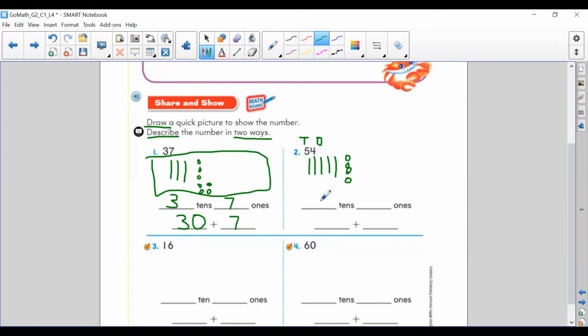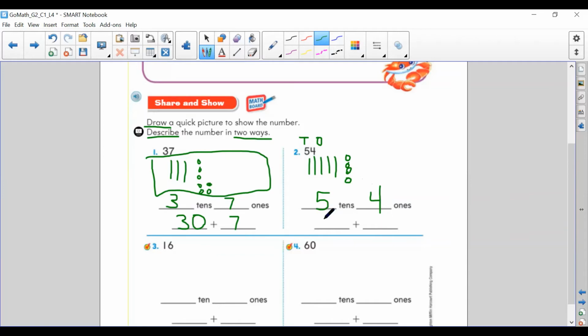And then we write how many 10s did we just draw? Well, we drew 5 pictures of 10s. And how many ones did we draw? We drew 4. Now, do you see how the 5 and the 4 match this, 54? And then down here, we actually are doing expanded form.